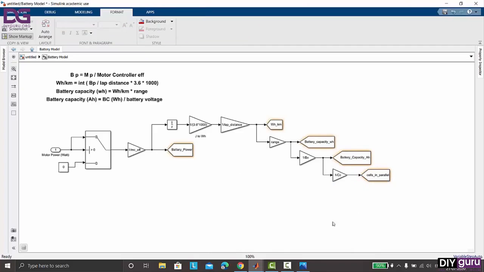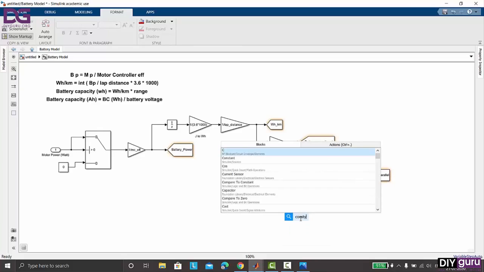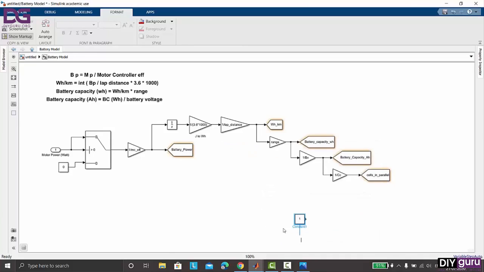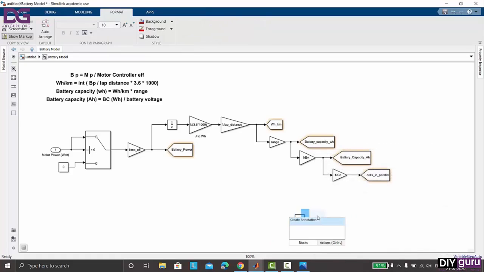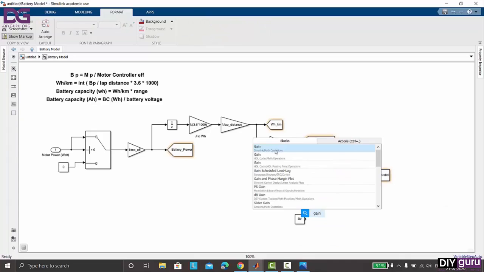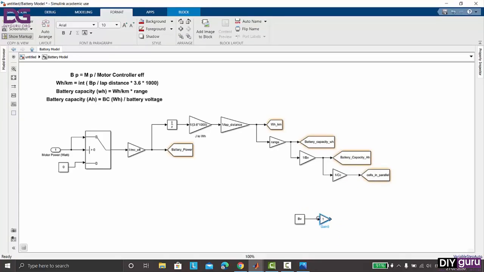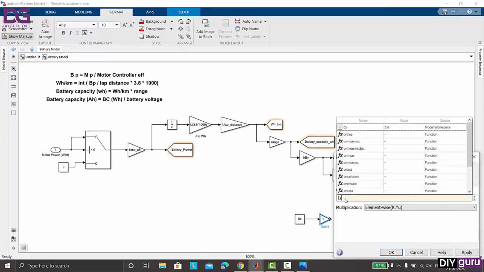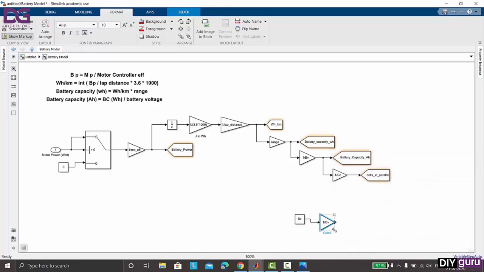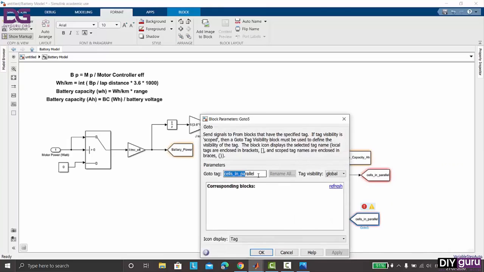Now to estimate the number of cells in series, we need to divide the battery voltage by cell voltage. So add one constant block, that is the battery voltage, and add one gain block to divide it by cell voltage. So here we get the cells in series.